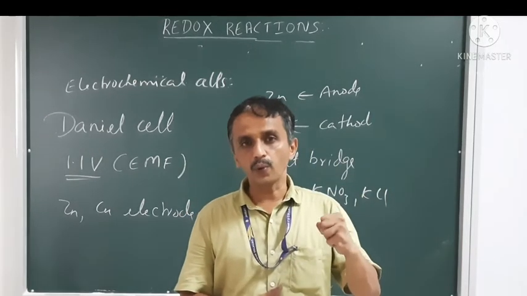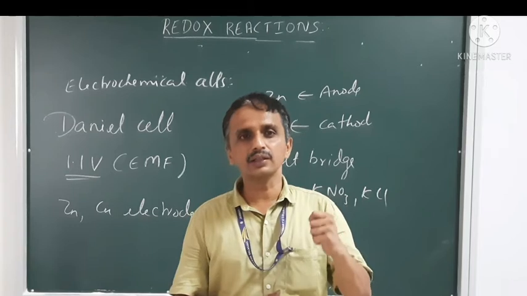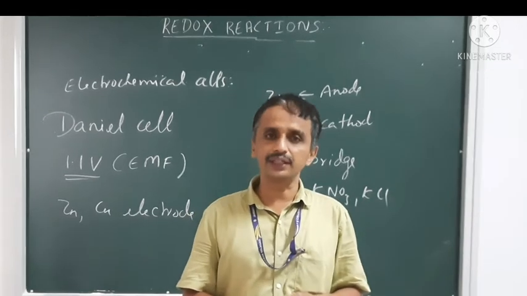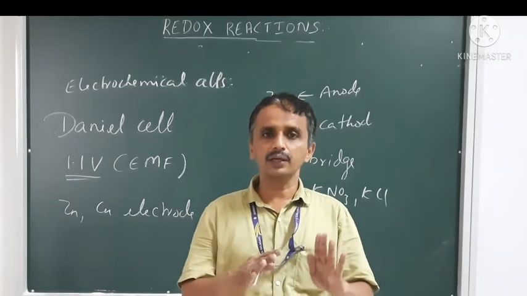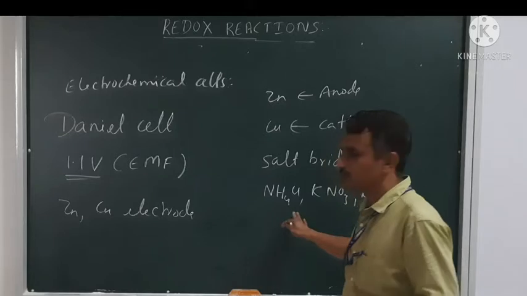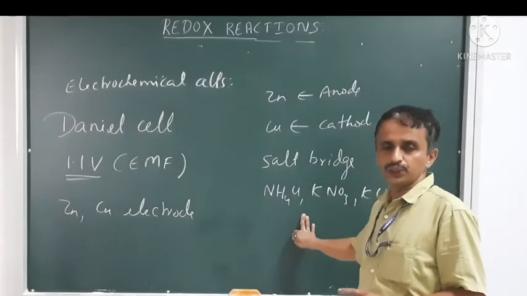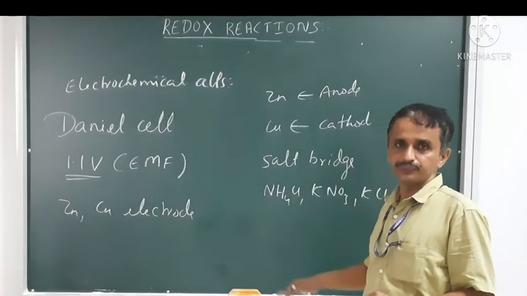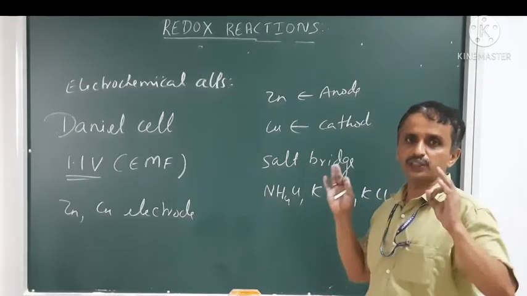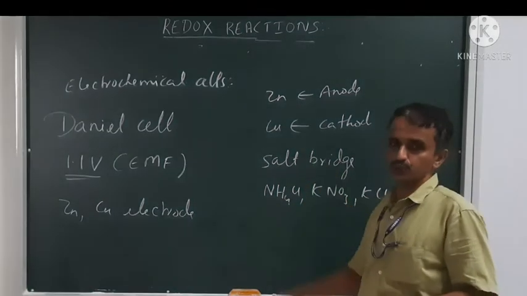About this, we learn in second PUC electrochemistry in detail. For the time being, remember this much only. To complete the circuit and to avoid liquid junction potential, the salt bridge is used.